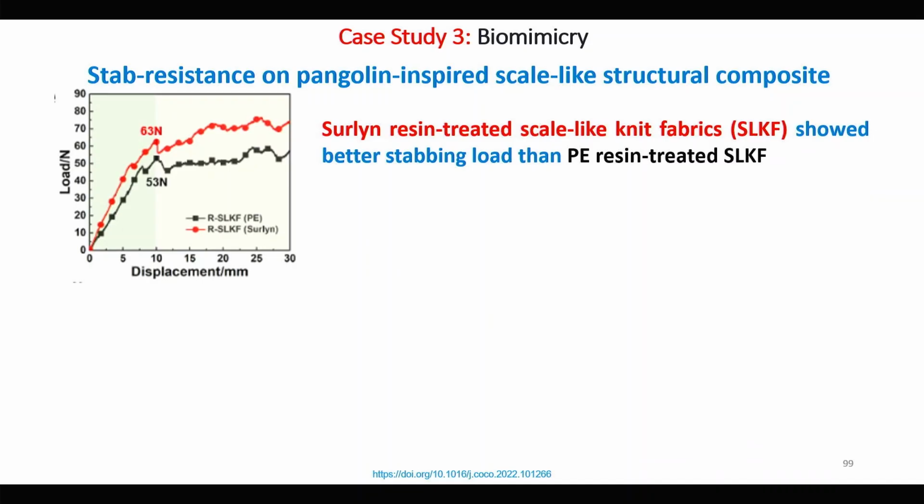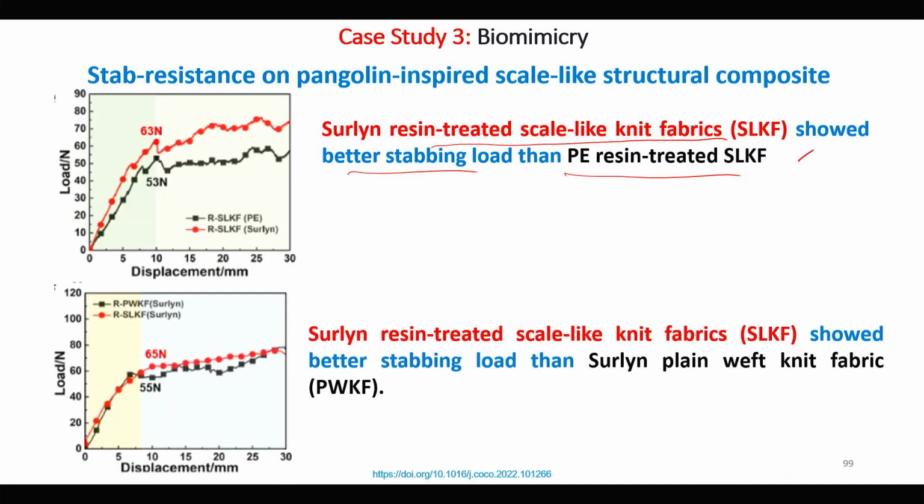Now, if we compare the two resins, the red one is the Sarlin resin and the black one is the polyethylene resin. So, Sarlin resin treated scale like knit fabric showed better stabbing load than the polyethylene treated fabric. And Sarlin treated scale like knit fabric showed better stabbing load than Sarlin plain weft knitted.